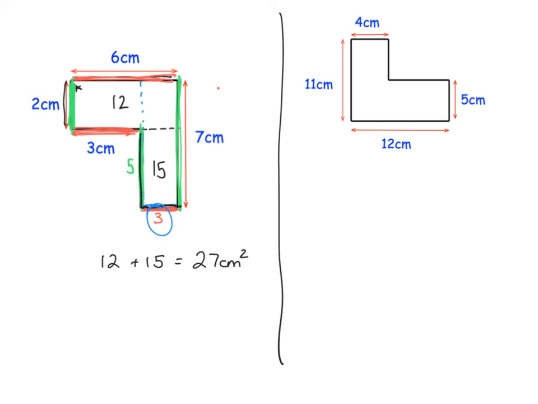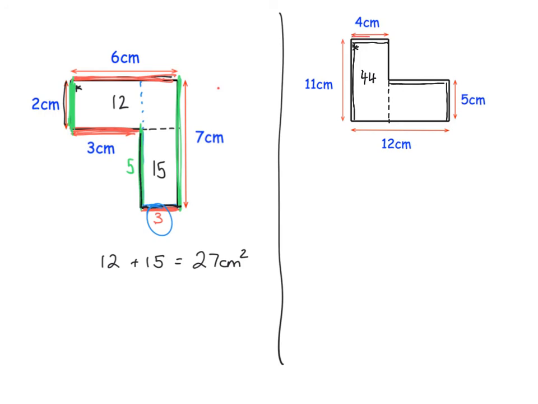I'm going to split the rectangle here. So this rectangle, I've got 4 multiplied by 11, 44. On this other rectangle, I've got the 5, but I don't know this measurement.